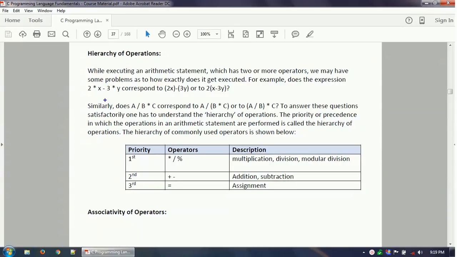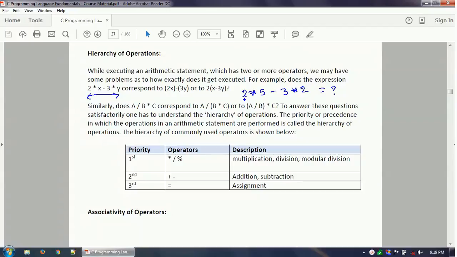Take an example of why this hierarchy of operation comes into picture. Take an example of this expression. Let's write something like this: 2 into 5 minus 3 into 2. So what will be the result?